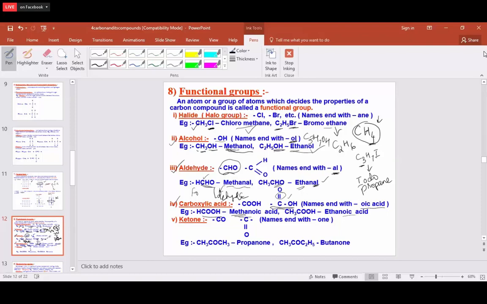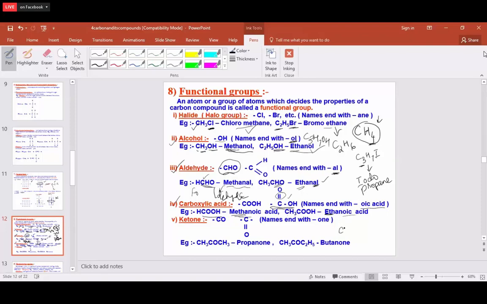Next one is ethanoic acid. Eth means there are two carbon atoms present. This COOH is bonded to the other carbon atom, and that carbon atom is balanced with three hydrogen atoms. So this is ethanoic acid.